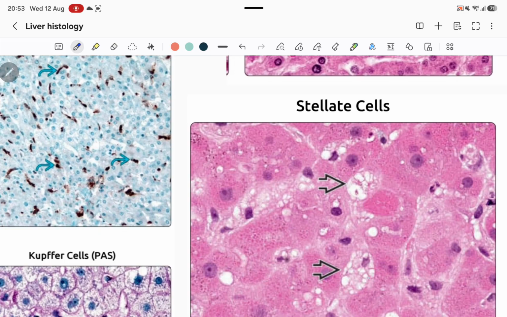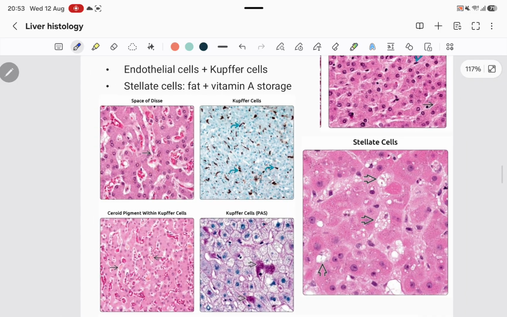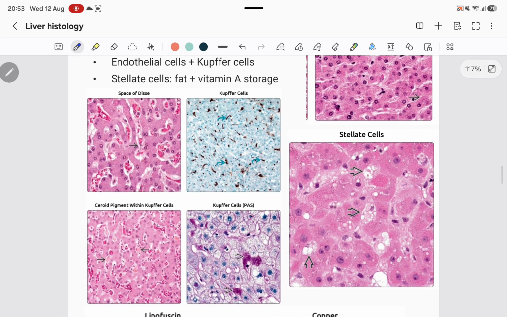I think this one looks better because it has a nucleus, and then you've got vacuoles, fat. Inside of it you've got your vitamins, probably minerals, but I think just vitamins.